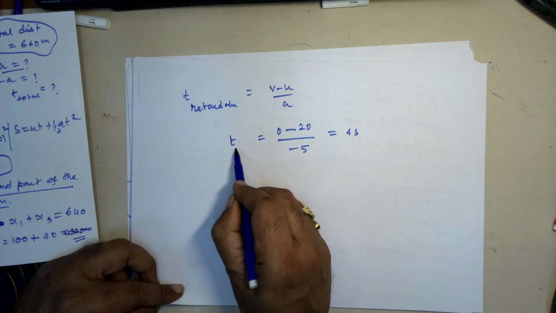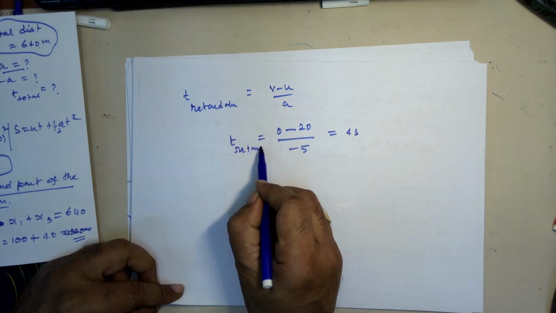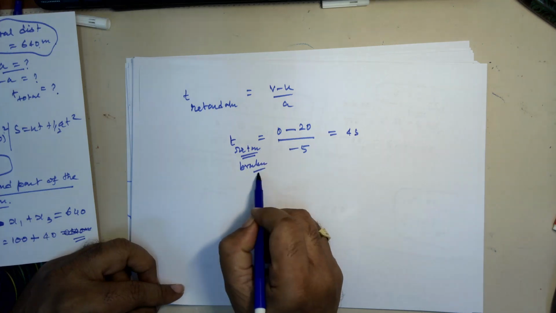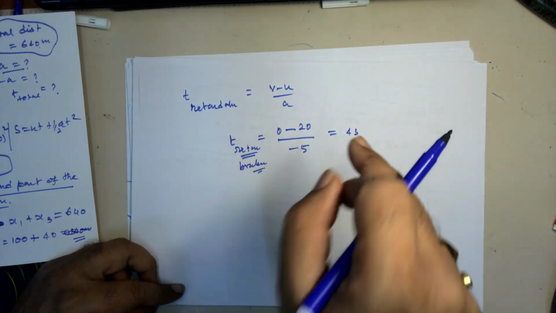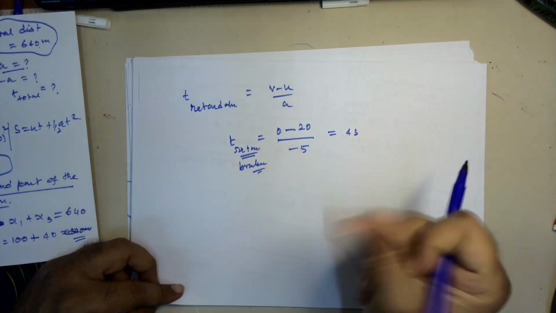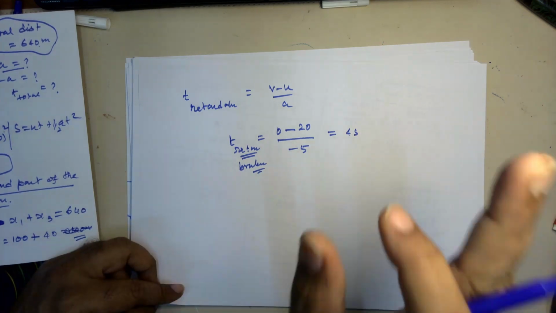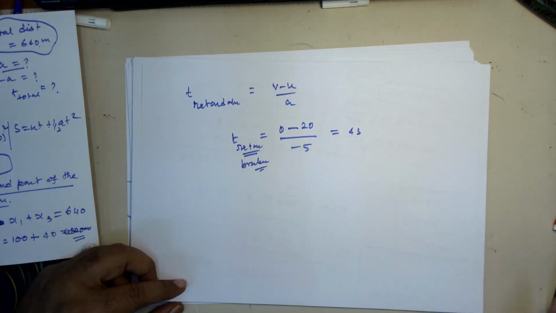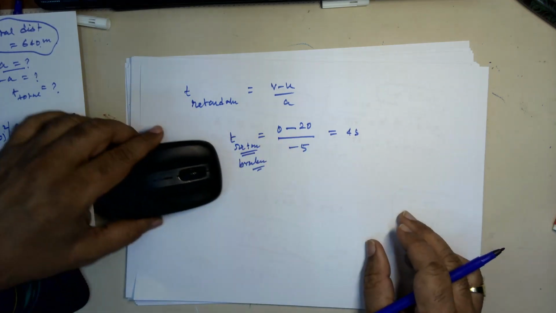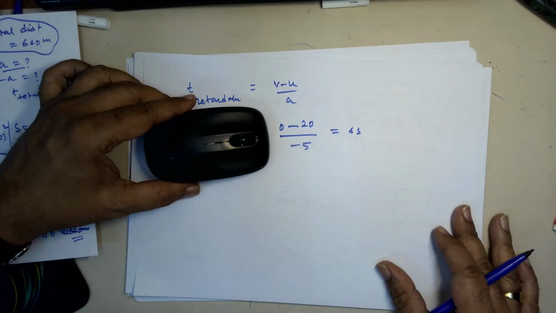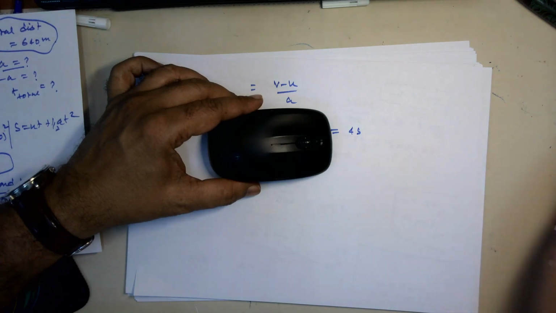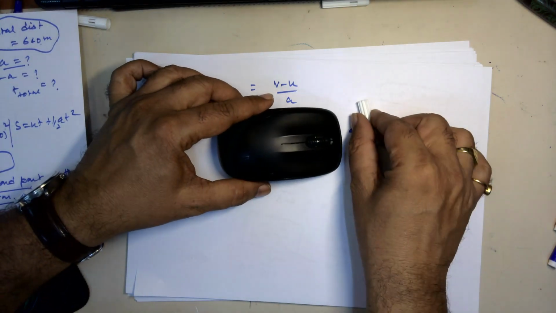Now the retardation time, that is when the brake is applied, in how many seconds was the car stopped? In 4 seconds, 1, 2, 3, 4. Now it is stopped, and by that time it has moved 40 meter. I hope you should now be able to understand. Car is moving at 20 meter per second. Now, one guy all of a sudden crossed.